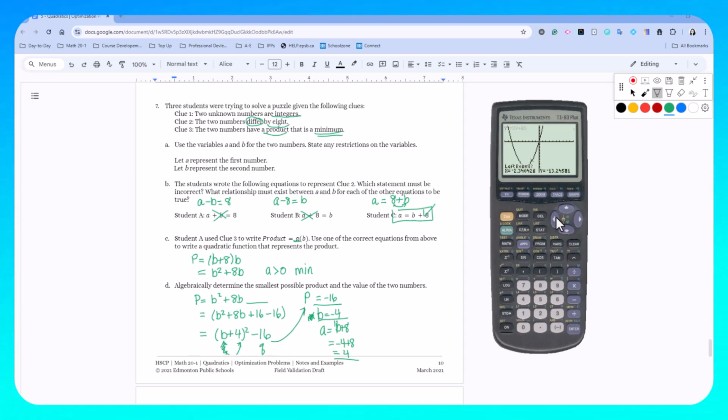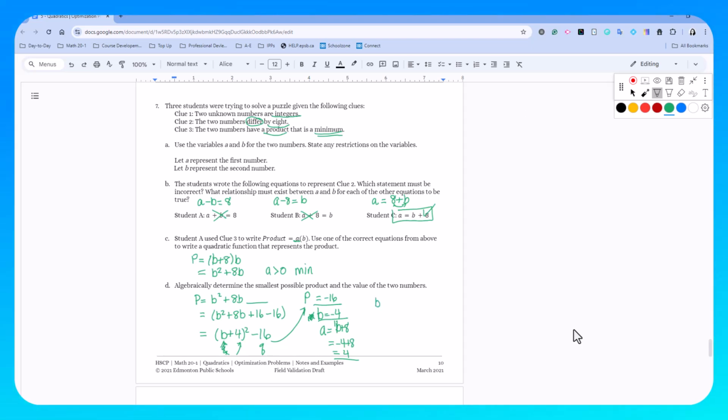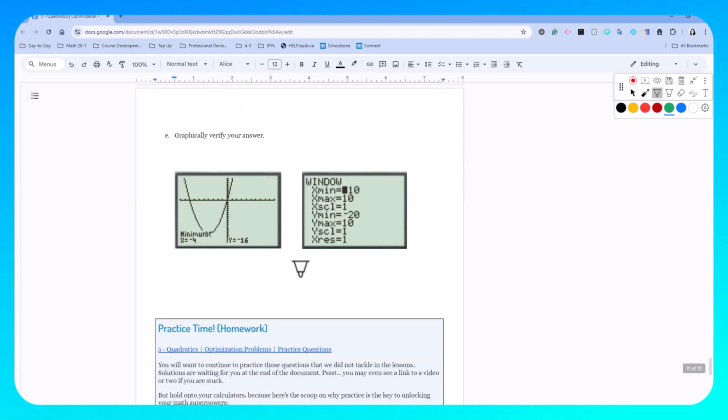We're going to scroll over, get to the left, get to the right, and find that point. And again, notice what my calculator is doing. It's negative 4. So we know that b equals negative 4, a equals 4, and it works.